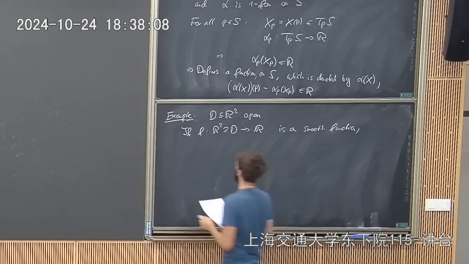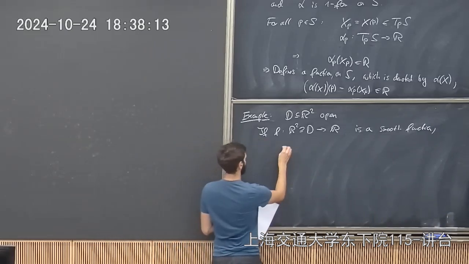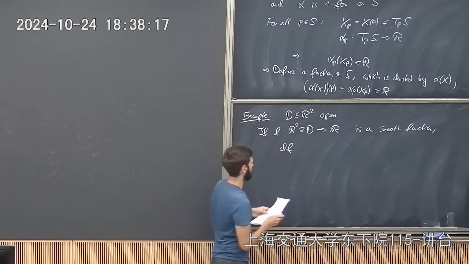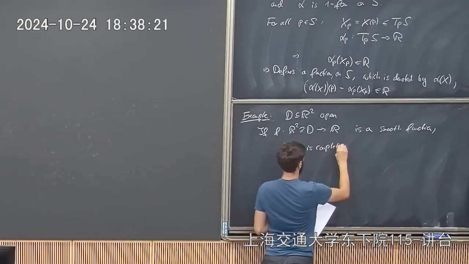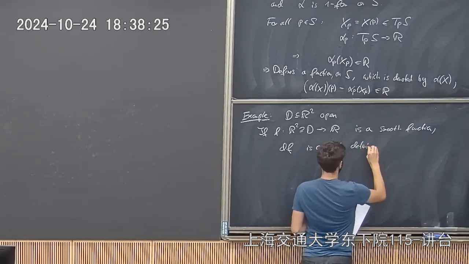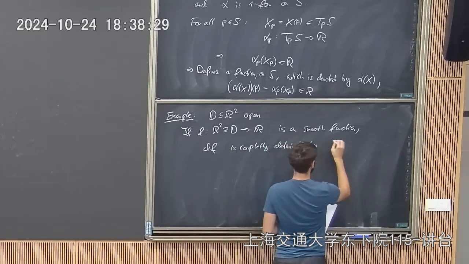And now we saw before that a differential form, in particular df, a differential one form on D, is completely determined by the components, right?